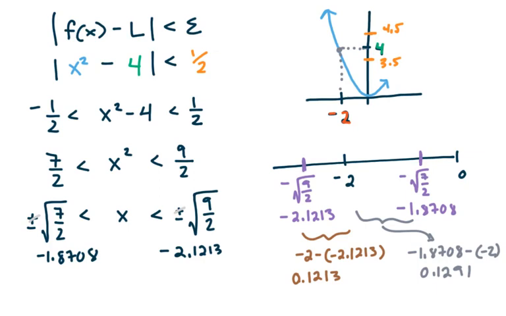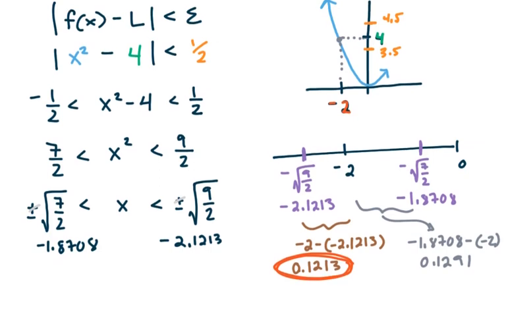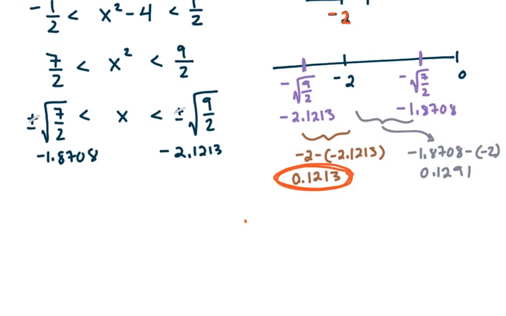The smaller of these two values is 0.1213. So in this situation, my delta value, delta equals -2 minus -√(9/2).